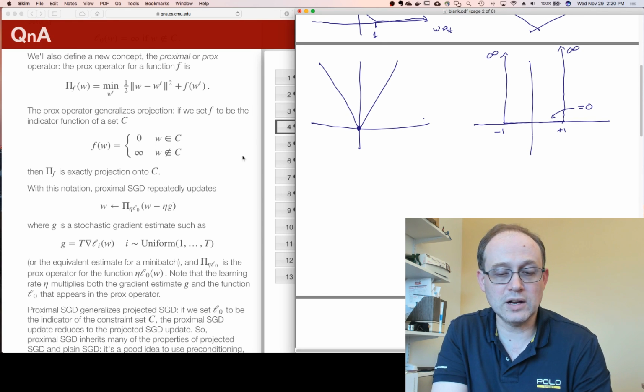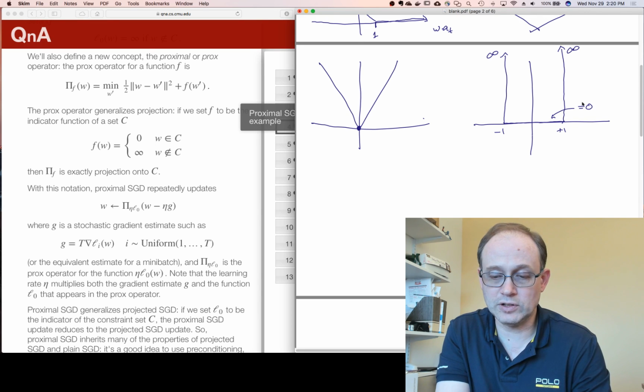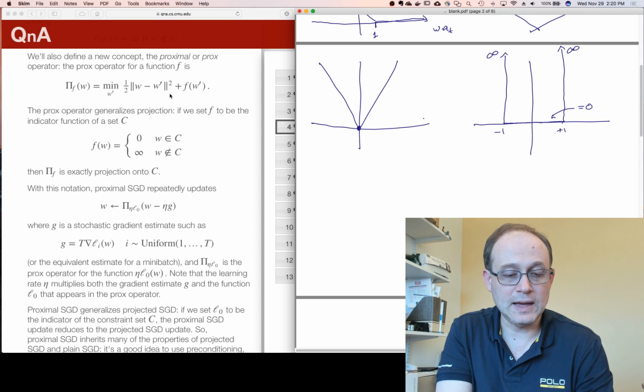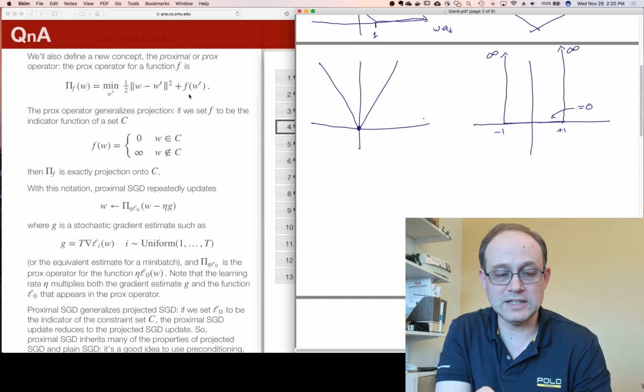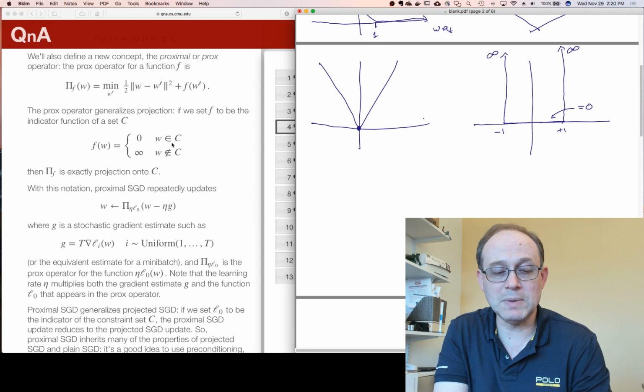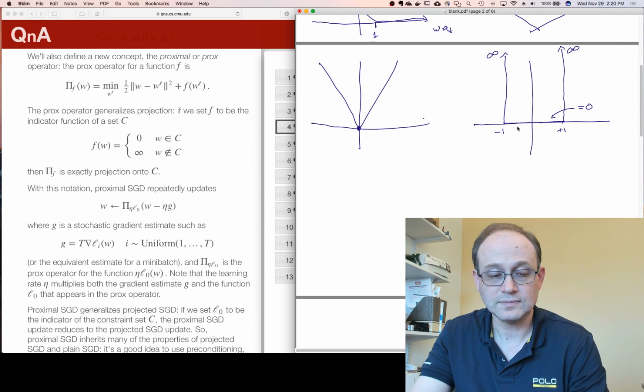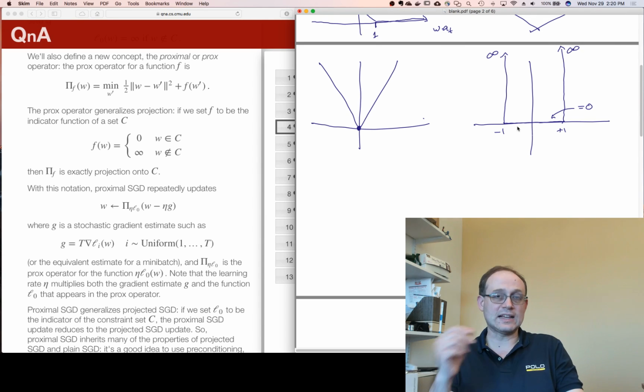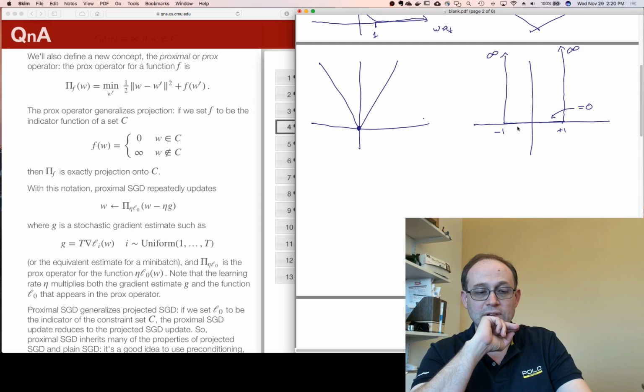In particular, if you set your function to be infinite outside of your constraint and 0 inside your constraint, then minimizing distance plus f is basically saying, f is either 0 or infinite, so you take a place where f is 0, and then you minimize distance. So it's equivalent to saying minimize distance subject to being in this constraint set. So it's exactly equivalent to projection in that case.